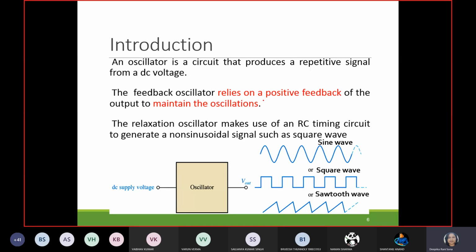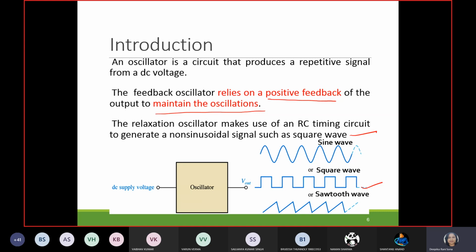So the same concept, positive feedback, we are going to use here to maintain the oscillation. And the relaxation oscillator is used as an RC timing circuit to generate non-sinusoidal signals such as square wave and sawtooth wave. So these are the things we are going to learn in case of our oscillator circuit.